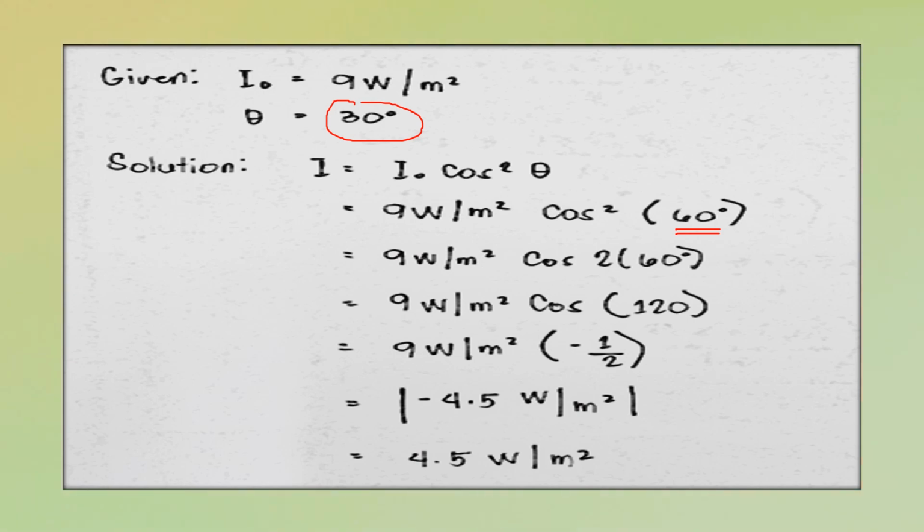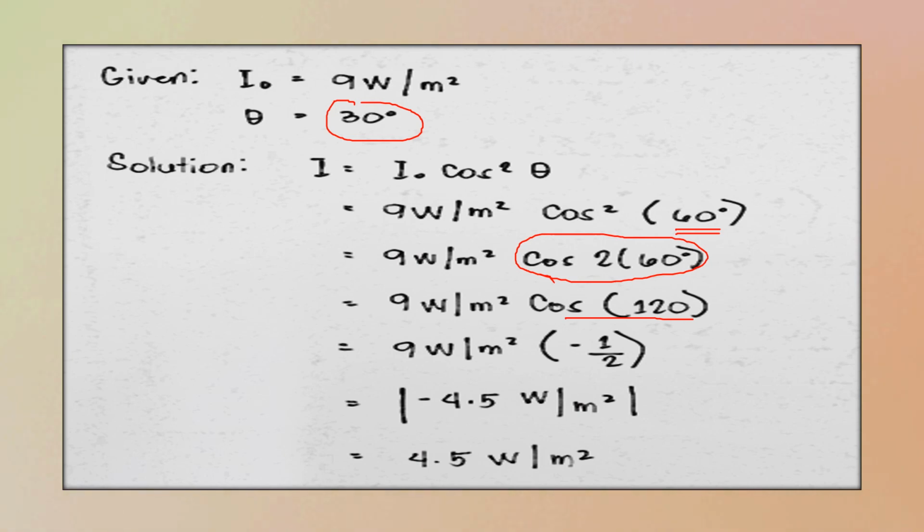Before multiplying this to 9 watts per square meter, we have to multiply 60 degrees by 2 to get cosine 120. So cosine 120 is equal to negative 1 half.